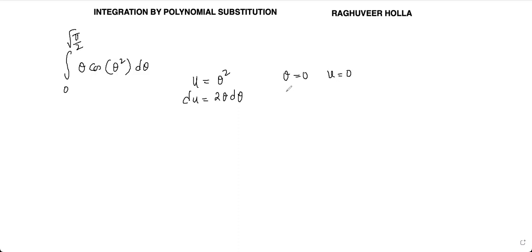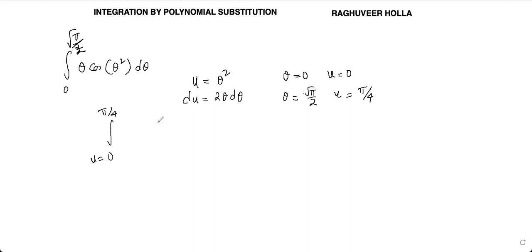When theta is root pi by 2, your u will be pi by 4. Okay, so your limits have changed, 0 to pi by 4.